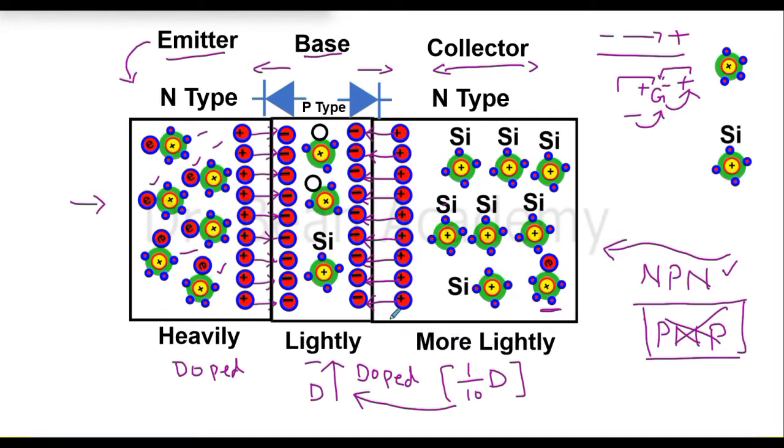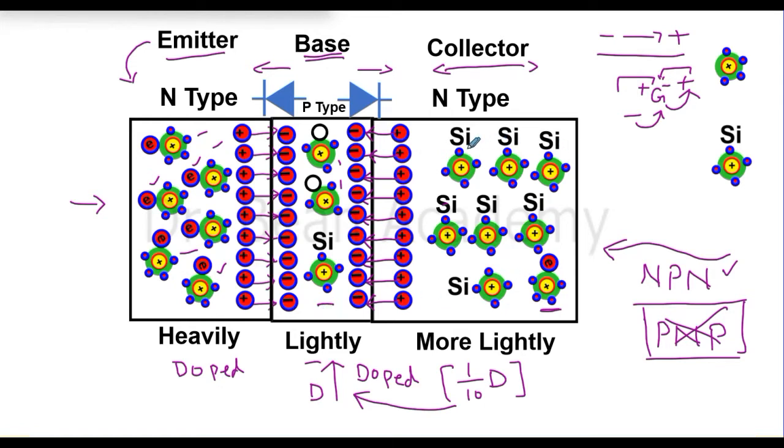Now how about the base? The central part, which is sandwiched between two opposite type semiconductors, is called the base, and as I told you, it is very thin and it is lightly doped. That's why you can see there are two trivalent atoms. Trivalent atoms are the atoms which have 3 valence electrons, and then I am showing only one silicon atom, so it is showing that it is lightly doped.